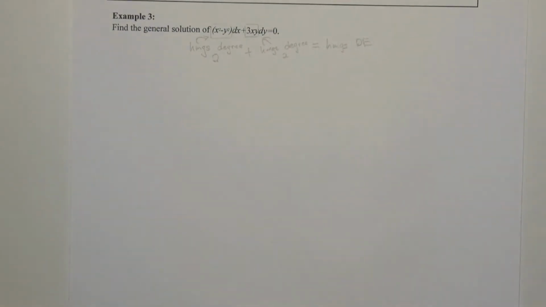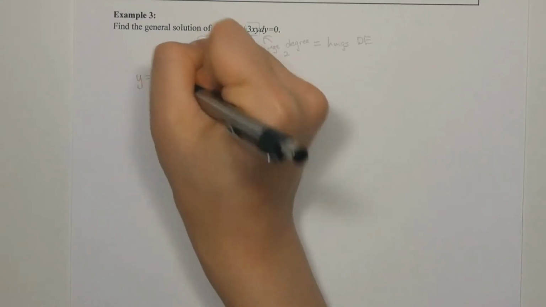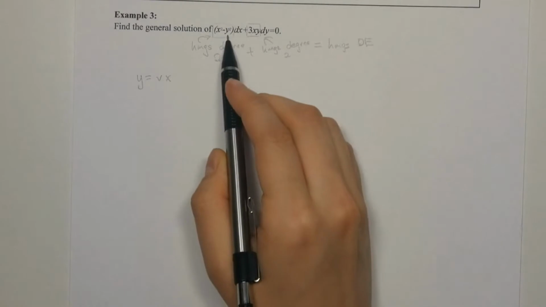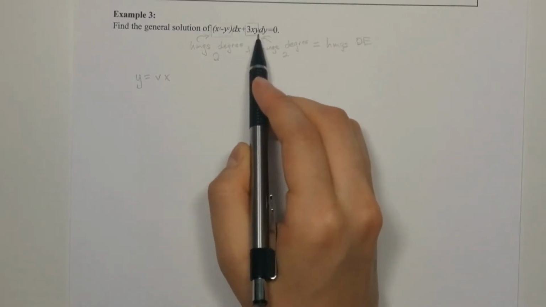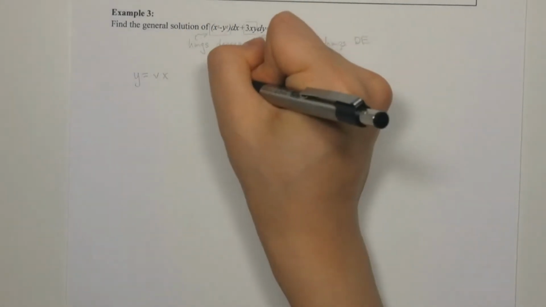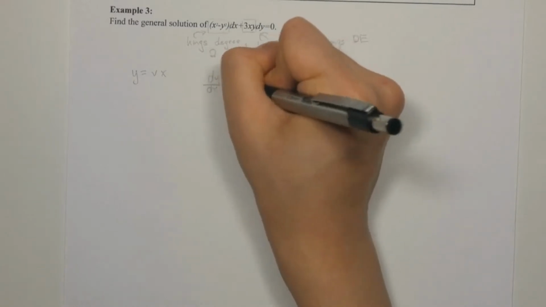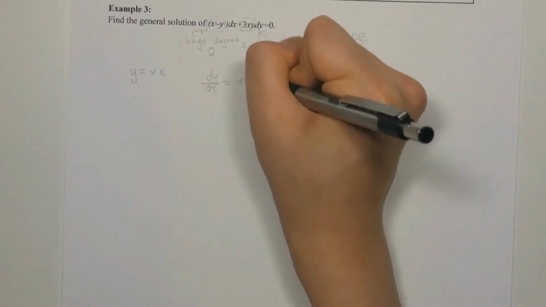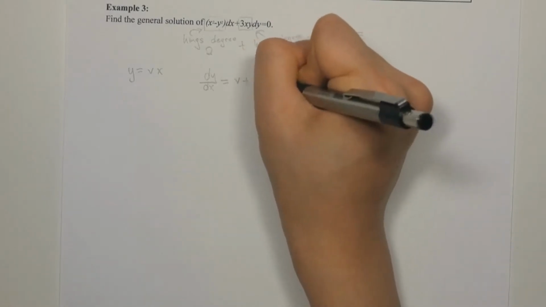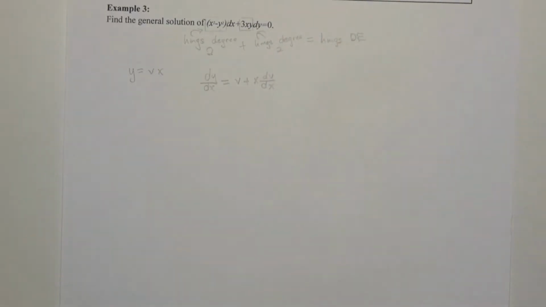Well, the change of variables for homogeneous equations, remember, it basically says to plug in vx for y's. However, you're not just plugging in y's, because on this side there's also a dy. We can't just leave it there, so we'll have to substitute that out as well. So let's find the derivative of vx. Using the product rule, we'll get v plus dv dx is the derivative.